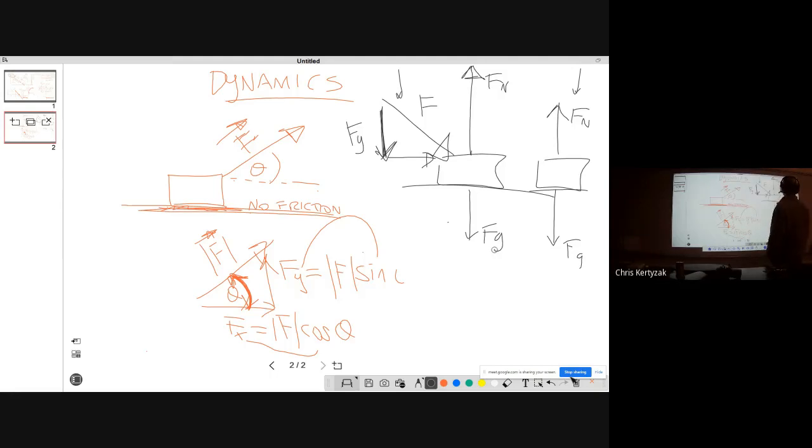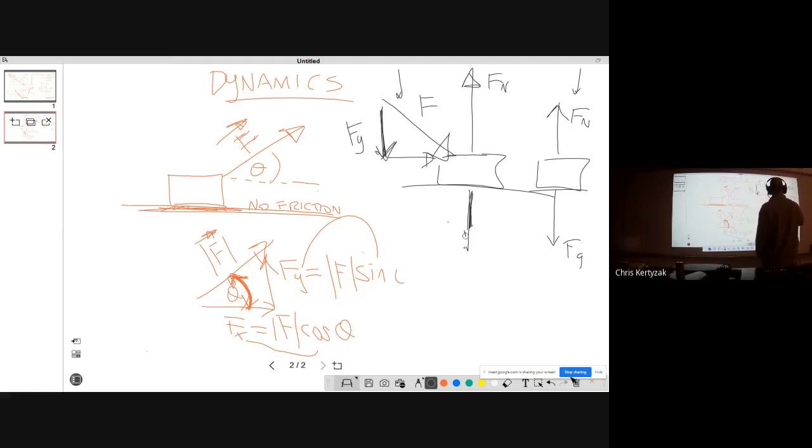And I haven't really drawn these correctly. I ran out of space. To draw it correctly, this gravity force, the way I've drawn it, would have to be really long so that, oh, wait, sorry. I think I did say it right. Apologies. So what we're looking at is that the total upward force only comes from the normal force.